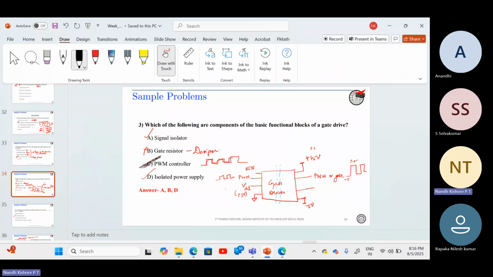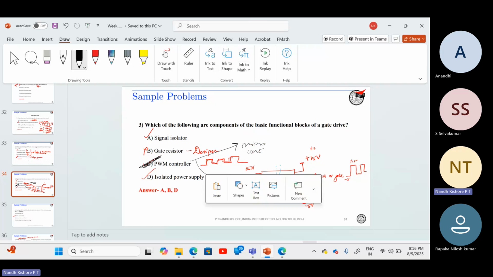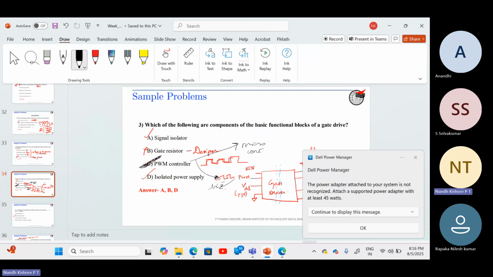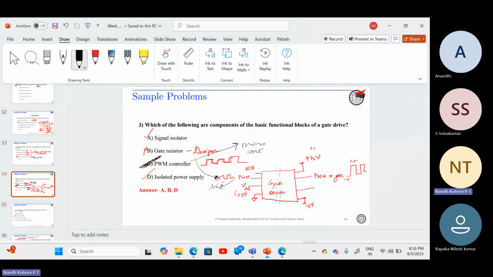PWM controller is actually your microcontroller, and your microcontroller is giving these PWM pulses. So they are coming from the microcontroller itself. Okay, so you're right. PWM controller is not a part of the gate drive circuit. PWM controller already gives the pulses. The gate drive circuit is basically what it does with those PWM pulses. So yeah, thanks for pointing it out.